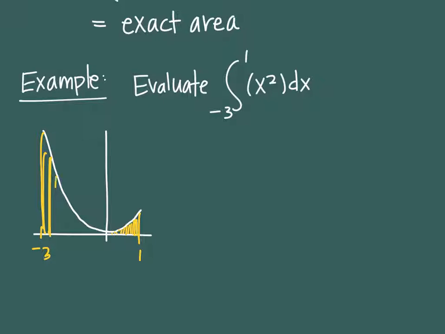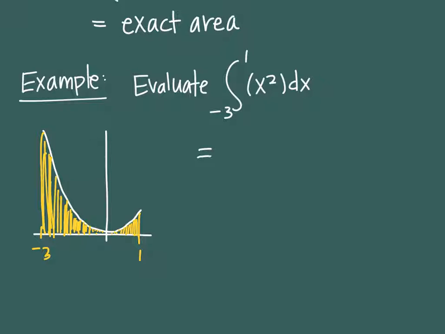So last week we were finding this, we were estimating this with different ways. We were estimating it with either rams or a bunch of trapezoids or a bunch of Simpson's paraboloids. The only way we could get the exact answer was to have the calculator do it for us. Well, now you're going to learn how to do the exact answer yourself.